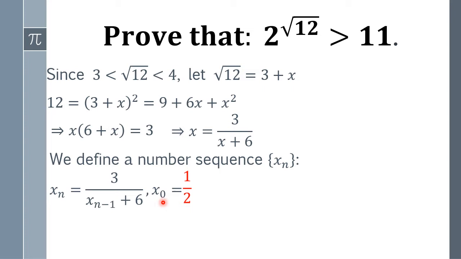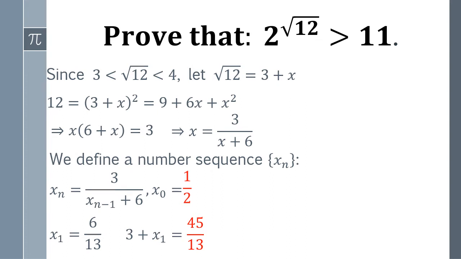If x0 is set as 1 over 2, then from the definition of this number sequence, we can calculate x1 is equal to 6 over 13, and 3 plus x1 is equal to 45 over 13. This is the first rational approximate we find for square root of 12.